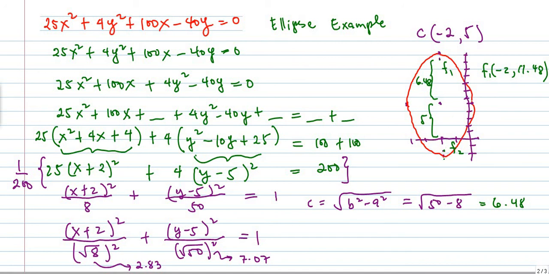Ilan yung pababa? 7.07 minus. Ang gagawin natin is, distance dito hanggang dito sa pinaka vertex, sa baba na vertex is 7.07.